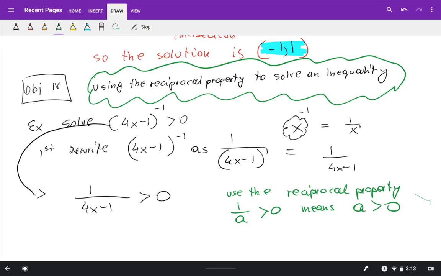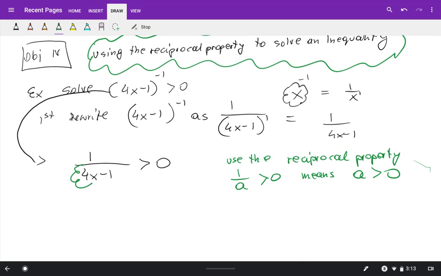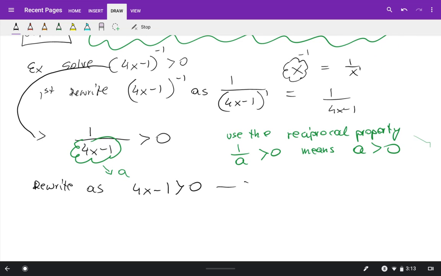In this example, you may think about 4x minus 1 as your A. So you can rewrite that as, since the reciprocal is positive, 4x minus 1 is greater than 0, and just solve this inequality for x.